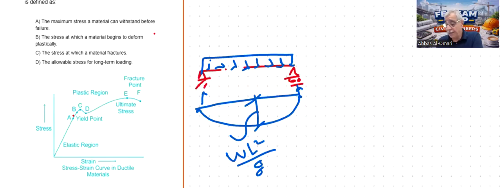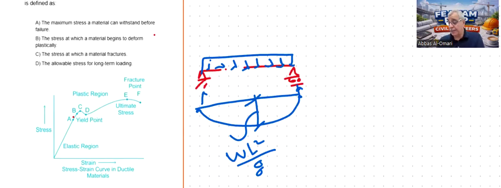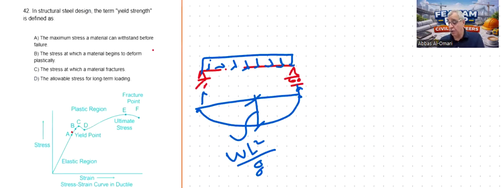So point B, the yield point, is defined as the point where stress or deformation beyond this point starts to be plastic. That means if the load is removed, there's going to be still deformation there. So the yield point is the stress at which a material begins to deform plastically.